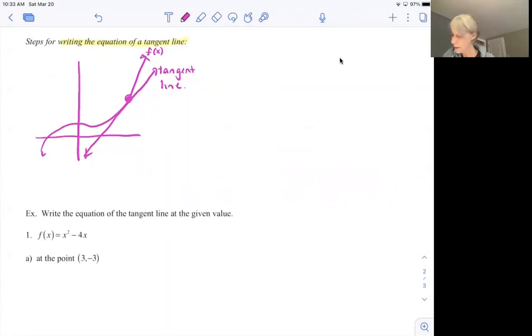We're going to find the point: plug x into f of x to get y.